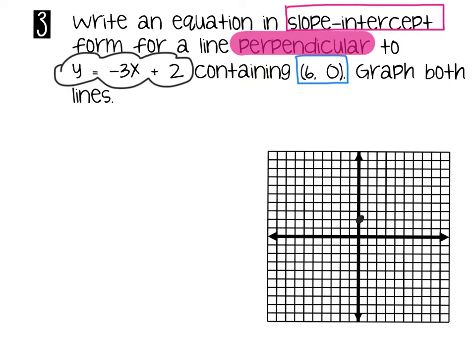From there, I know that I have an original slope and I have an opposite slope. Their original slope is -3. That, however, is only one number.